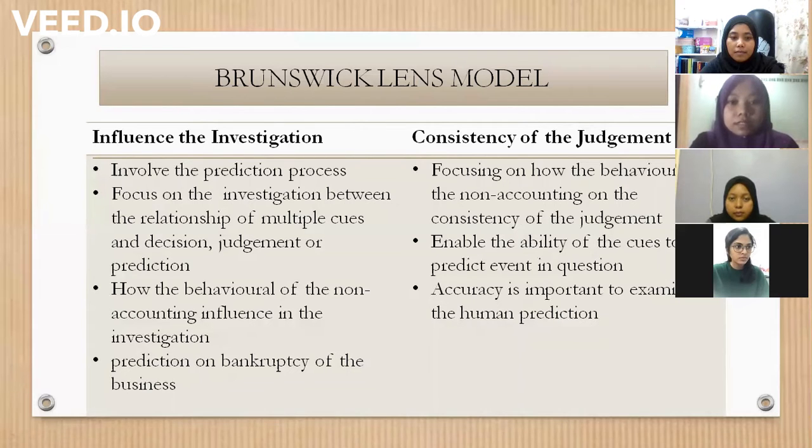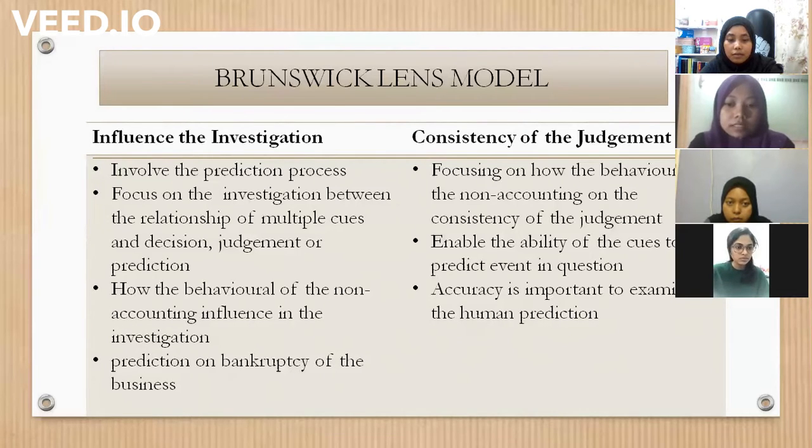The first model is the Brunswik lens model. It is also known as the lens model and is used as an analytical framework for judgment studies that involve the prediction process. The lens model focuses on the behavior of accounting people as influenced by the investigation of the relationship between multiple cues and a decision, judgment, or prediction.